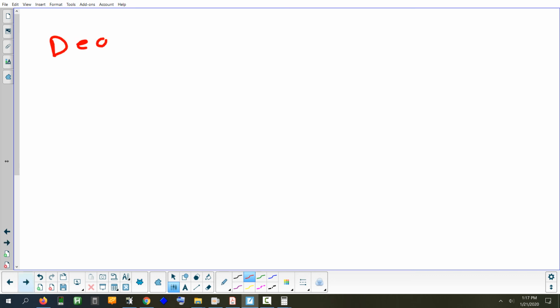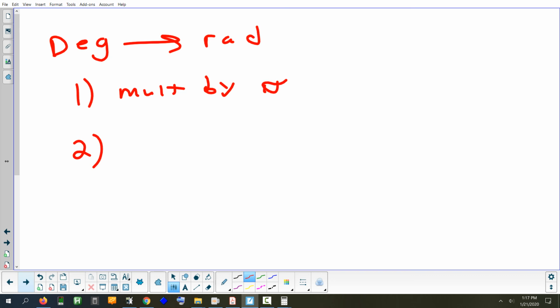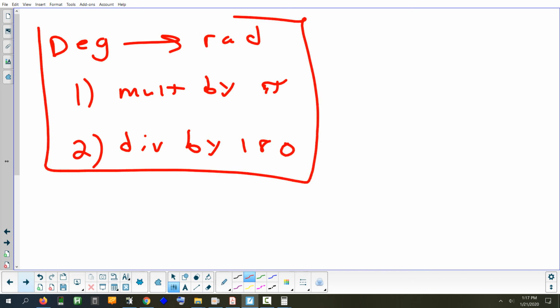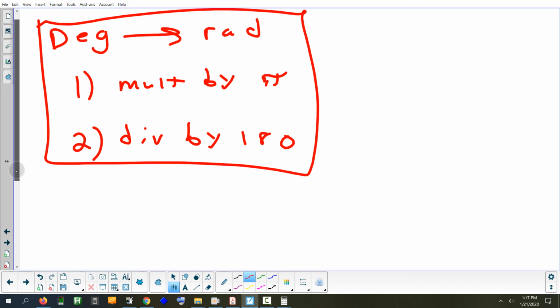All right. So degrees to radians. There are 2 steps to change between degrees and radians. So, step 1 is to multiply by pi. Step 2, divide by 180. That's how you change from degrees to radians.